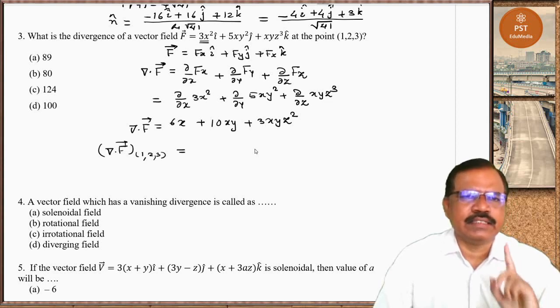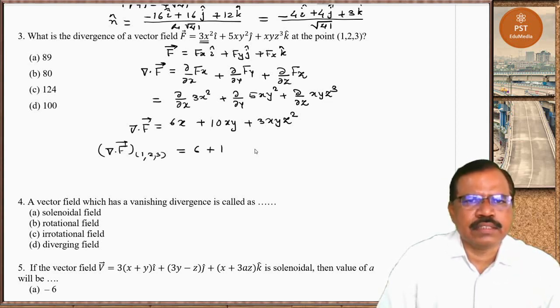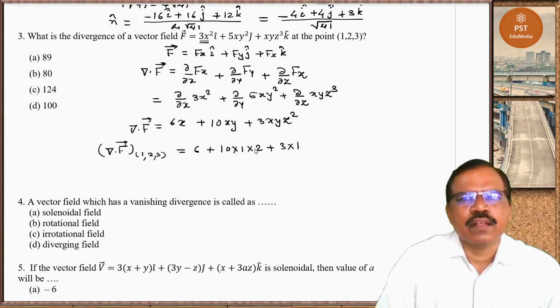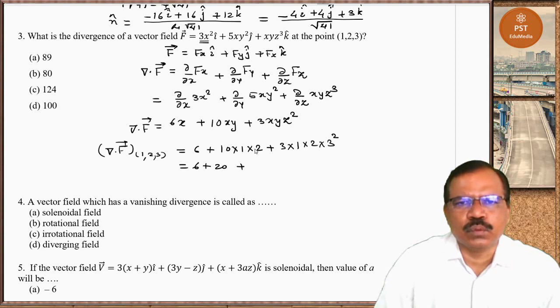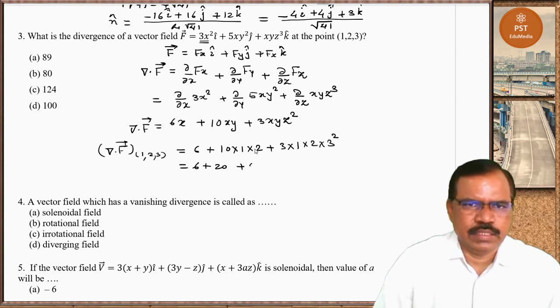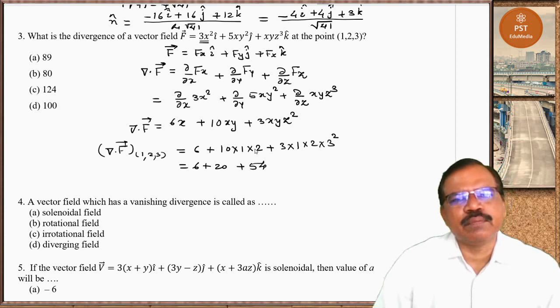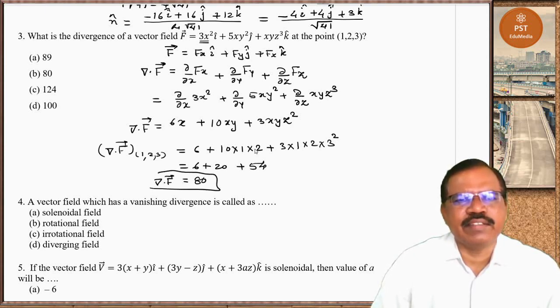So 6x, x is 1, so we get 6 plus 10 into 1 into 2 plus 3 into 1 into 2 into 3 square. So we'll get here 6 plus 20 plus, here 3 into 2 is 6, into 9, so it is 54. So 6 plus 20 plus 54, you will get how much? 80. So del dot F is 80.